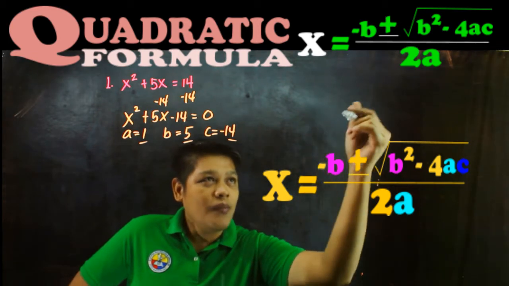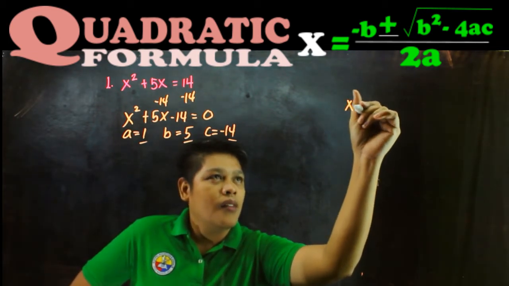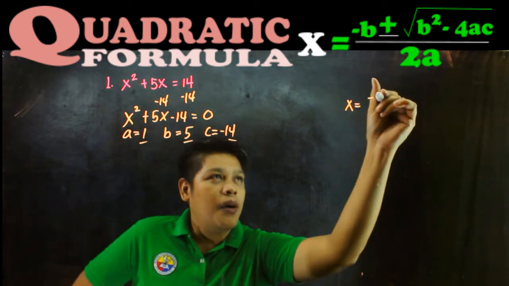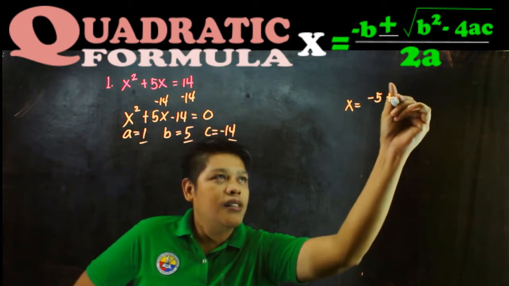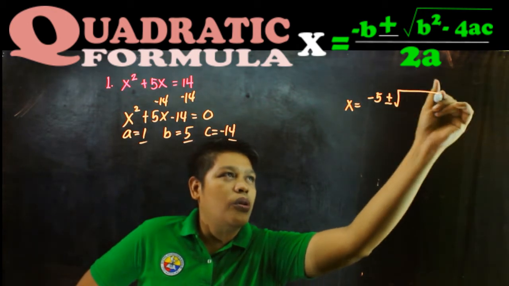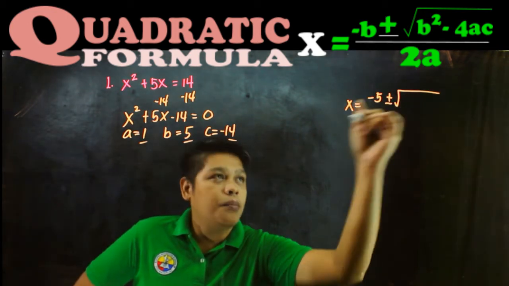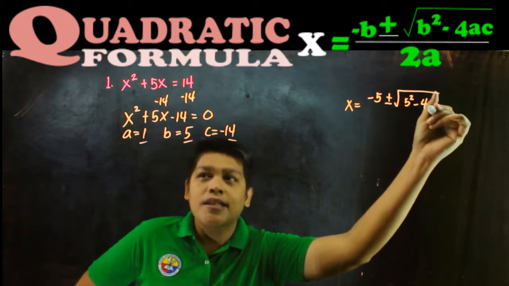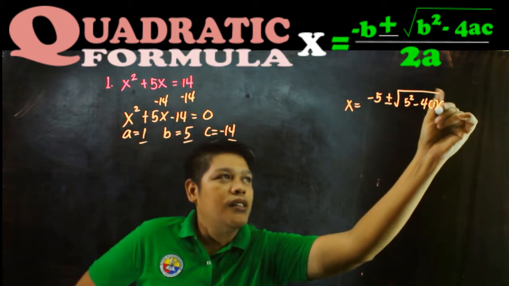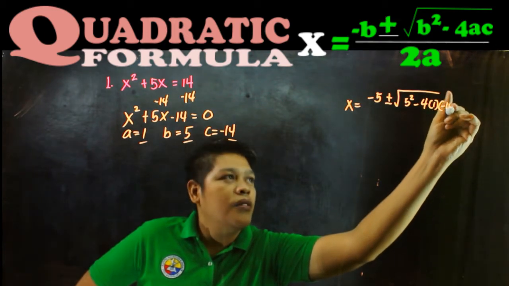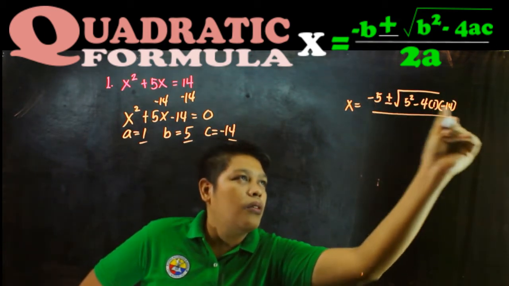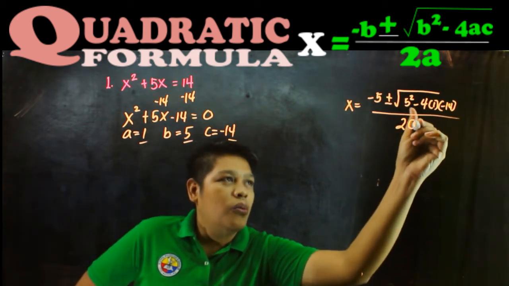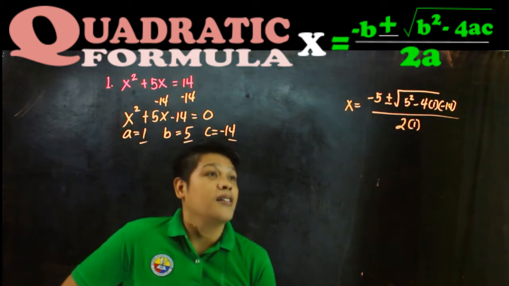So x equals negative, what is b? 5, plus or minus square root of b squared, which is 5 squared, minus 4, what is a? 1, what is c? Negative 14, all over 2, what is our a? 1. So ayan yung ating magiging expression.